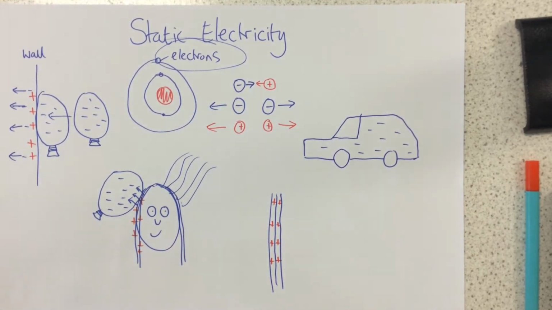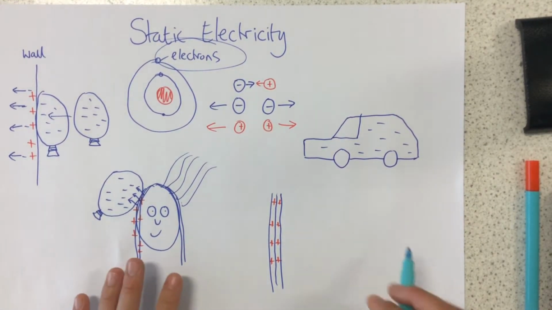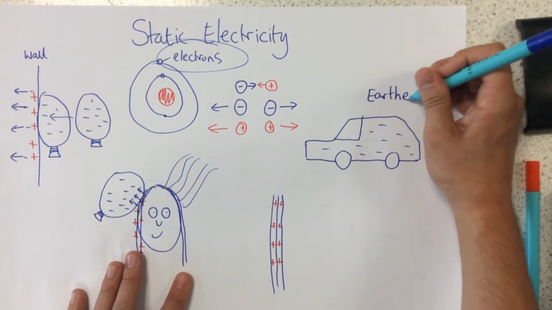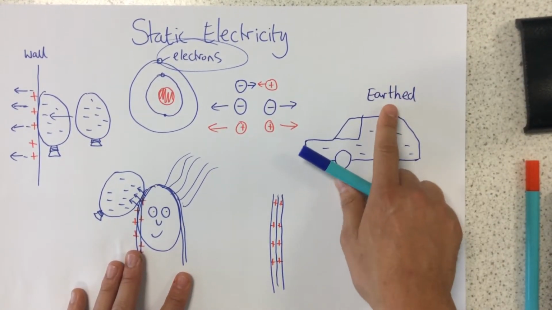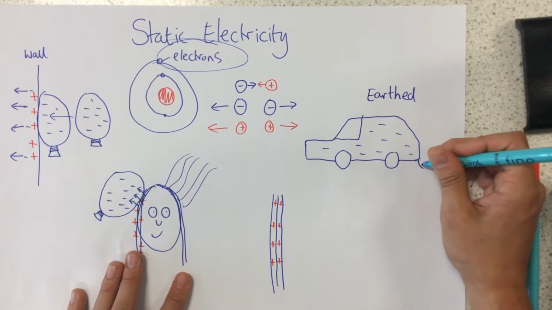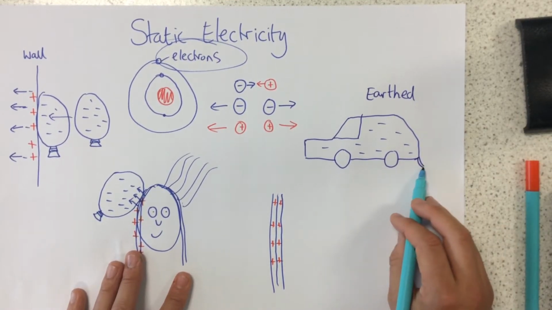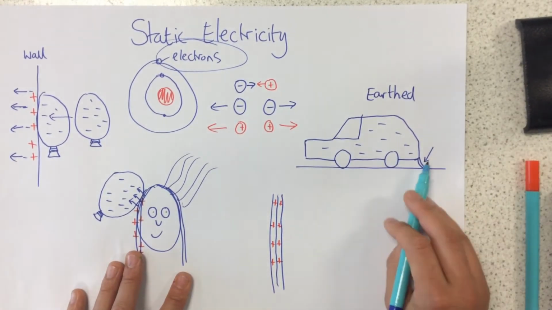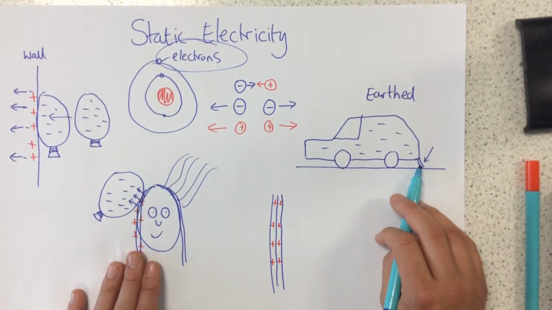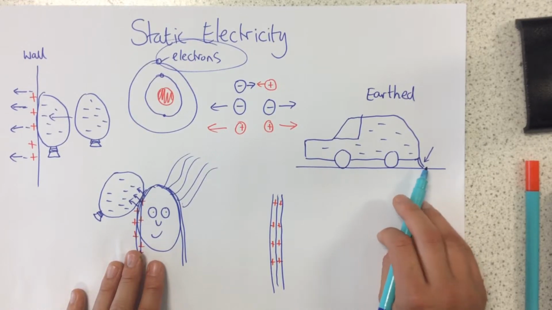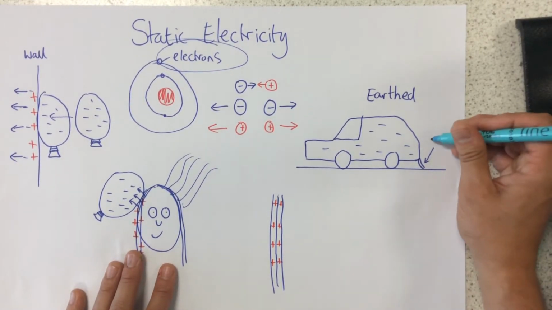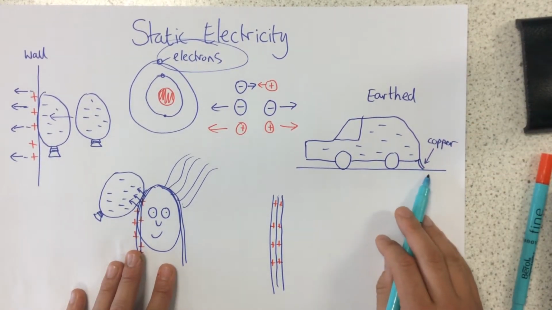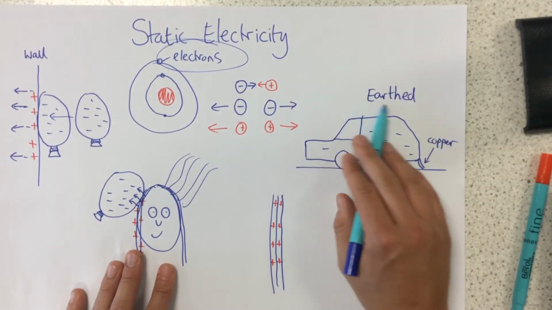So as a result, certain objects need to be earthed. What this means is some cars can have a little wire at the back that connects to the ground. Often it's made of copper, as long as it's a conductor that connects it to the ground, or to the earth.